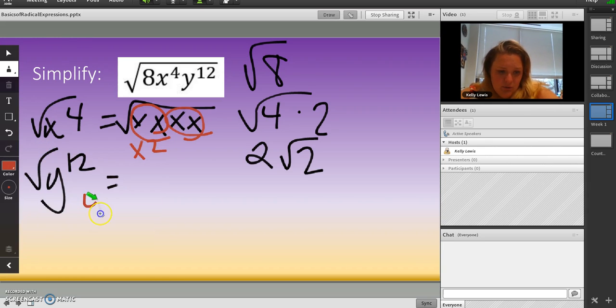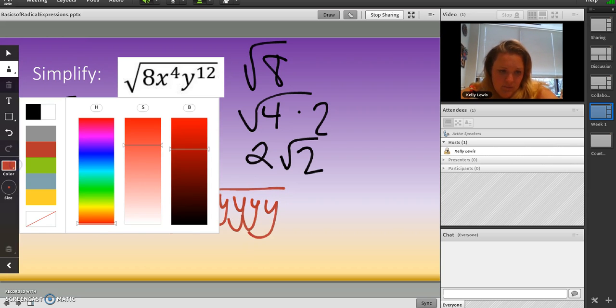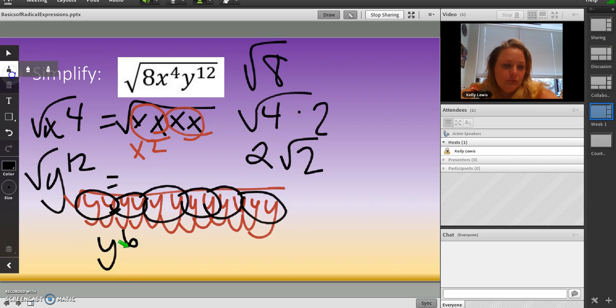Then y to the 12: 1, 2, 3, 4, 5, 6, 7, 8, 9, 10, 11, 12, and I need groups of 2: 1, 2, 3, 4, 5, 6, so there are 6 of those. So I need to combine x squared, y to the 6, and 2 square root of 2.